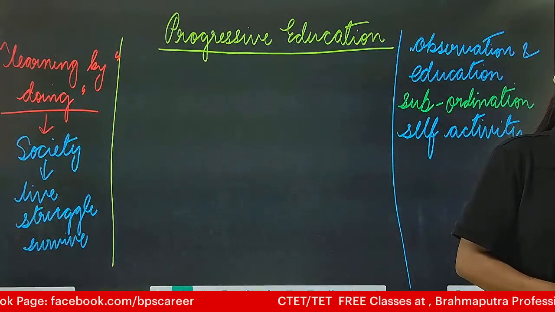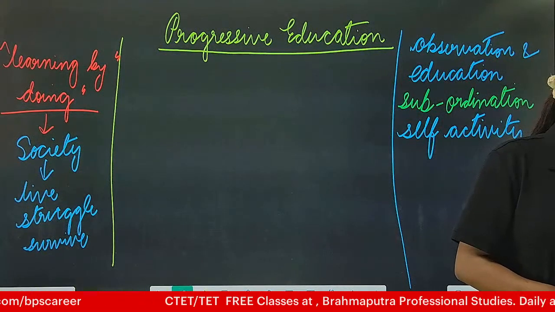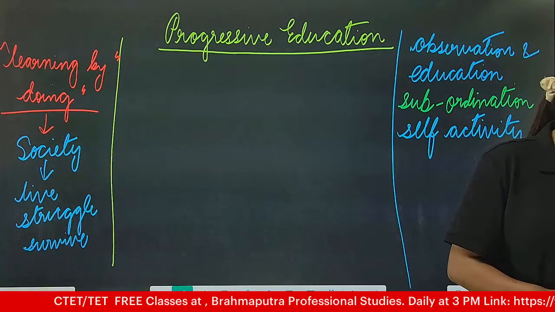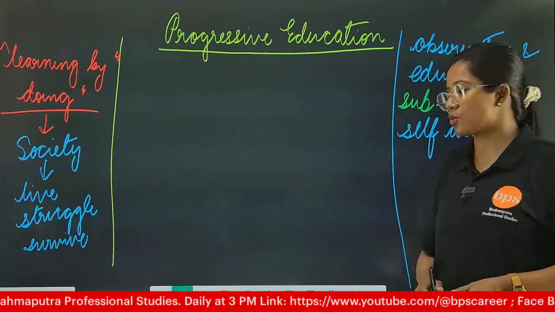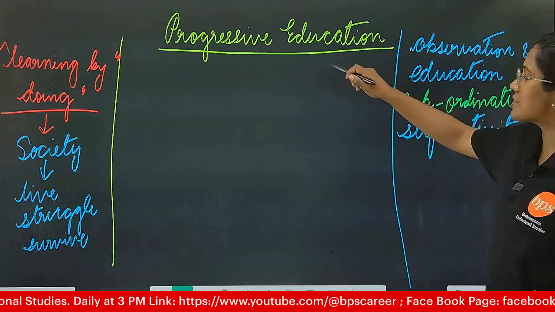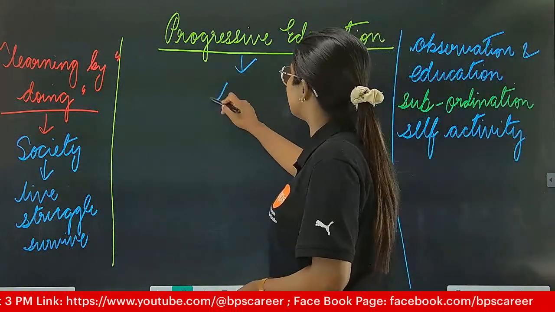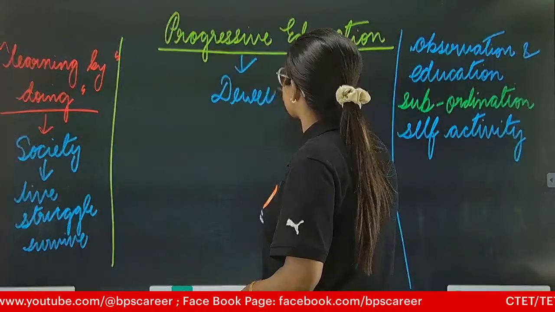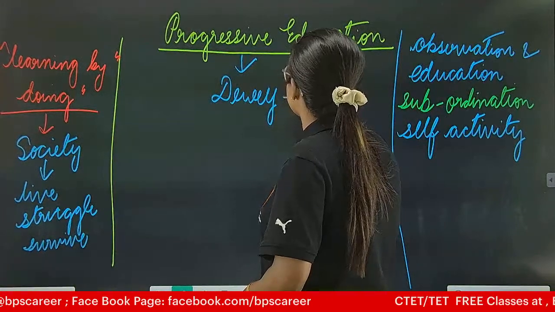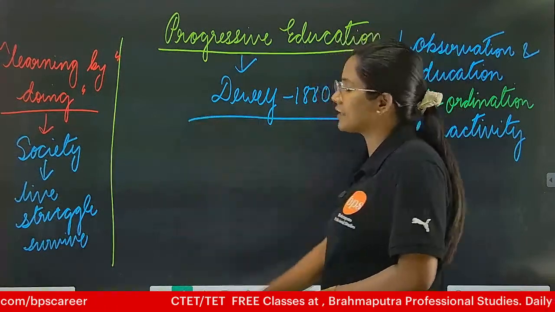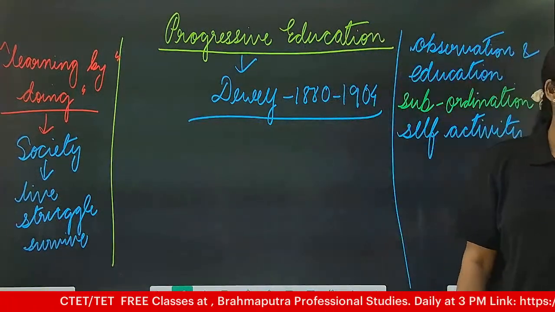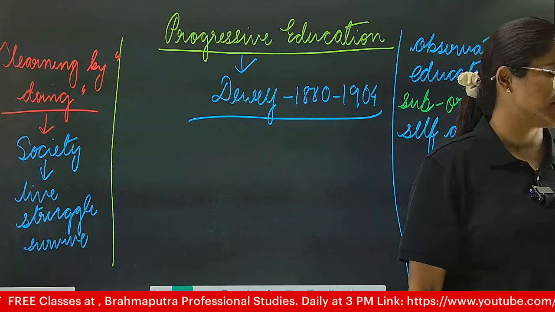And next we have Dewey, and John Dewey gave the concept of progressive education in 1880 to 1904. So ultimately progressive education was given by Dewey from the year 1880 to 1904. So please remember the dates and the person who gave the concept of progressive education.